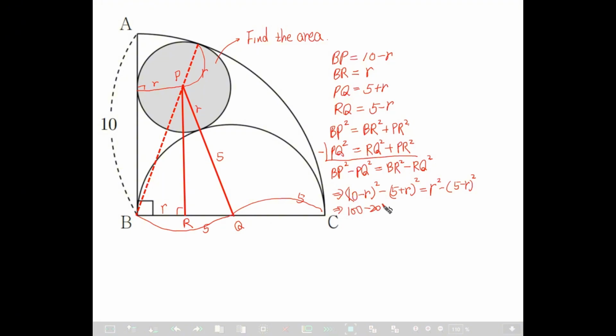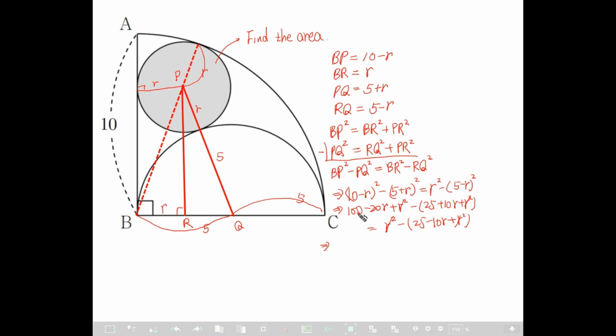Expanding: 100 minus 20R plus R square minus 25 plus 10R plus R square equals R square minus 25 minus 10R plus R square. Erase this and erase this.